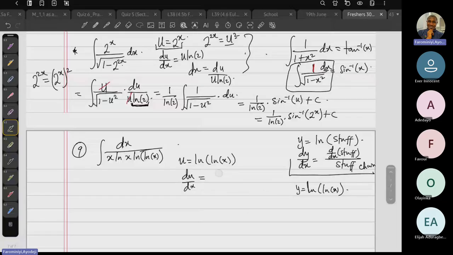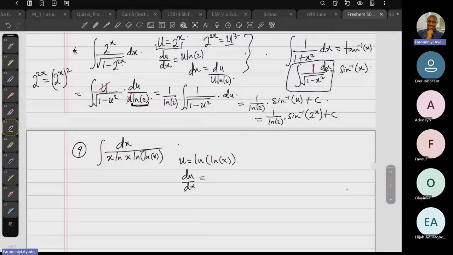So y equals natural log of x. So let u be equal to natural log of x, the inside one. Or maybe it was too big a step to take for you people. So let u be equal to natural log of x. Are you okay with that?